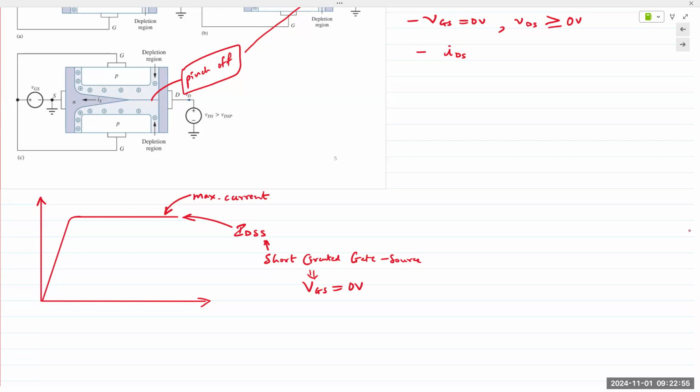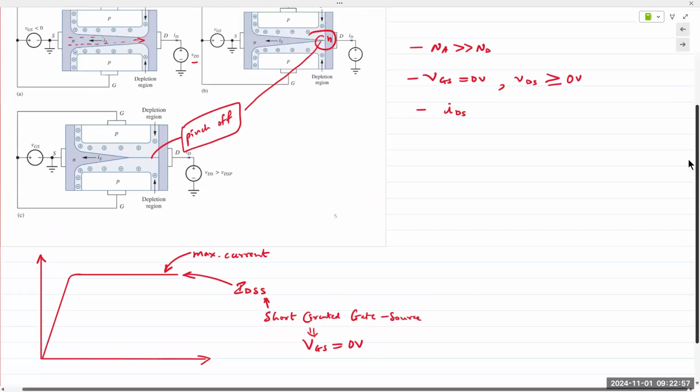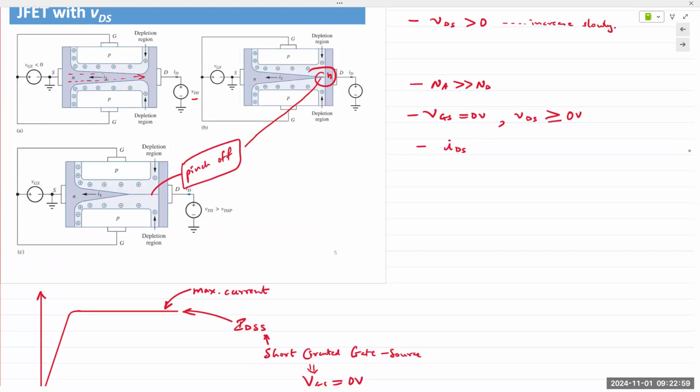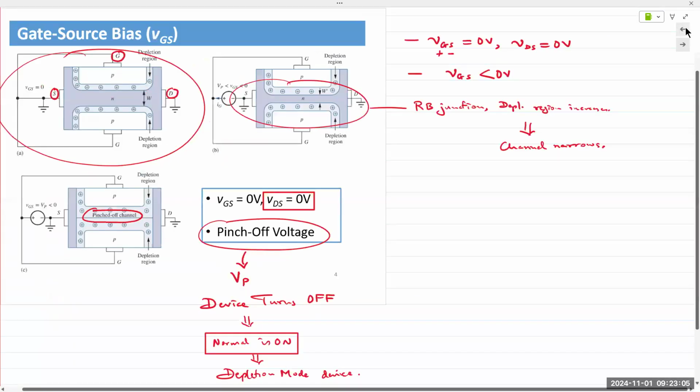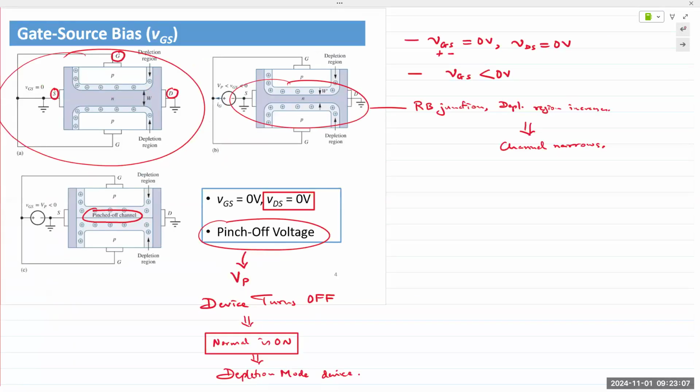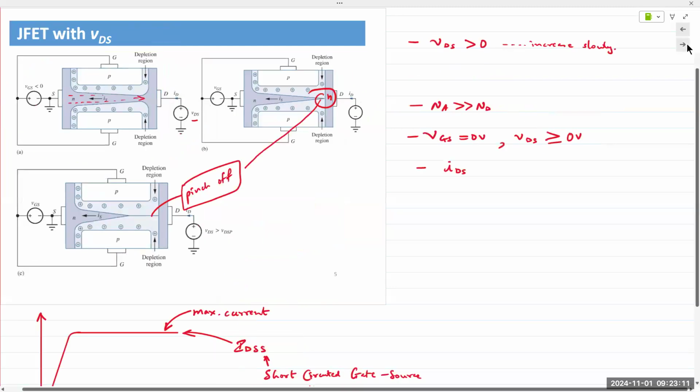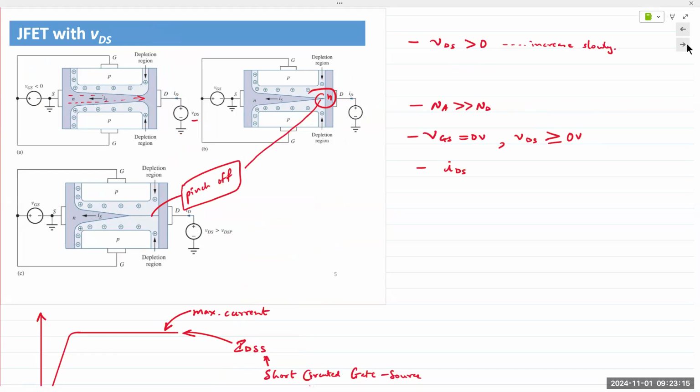Okay, but I want students to understand this right here. If we don't apply any VGS, the channel is normally open, as shown here, right? Now, if you apply a positive VDS, meaning positive voltage at the drain, current starts to flow.